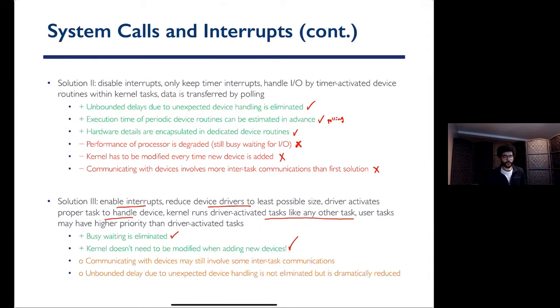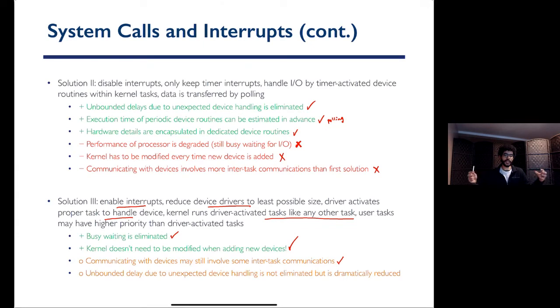Now, we have mitigated the communication problem because, sorry, we haven't mitigated it. We still have the problem with communication with the devices, because the tasks are not directly talking to the device anymore. So we are creating new tasks.